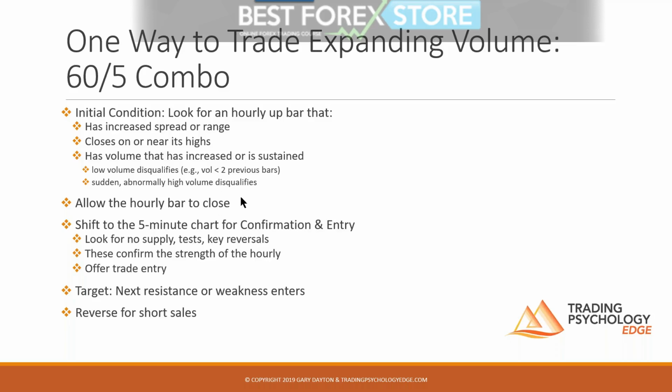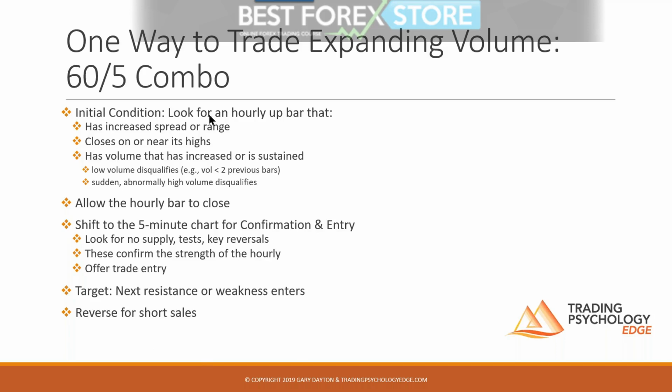This is more giving you the overview of a trade setup, and you'll learn about them in the course of this webinar. The target for this would be next resistance, or if obvious weakness enters. And you can reverse all of this for short sales.